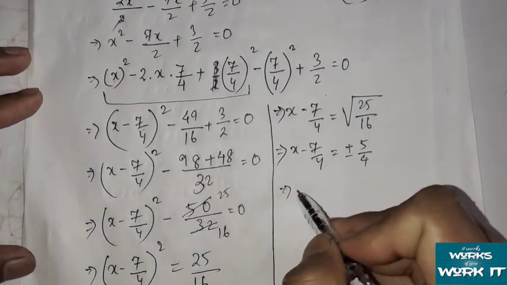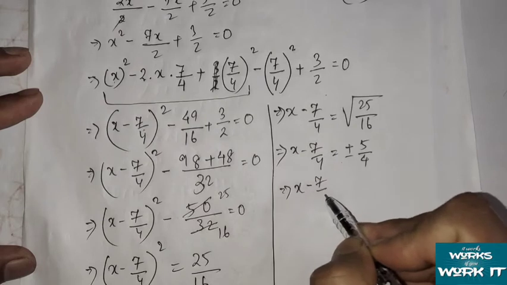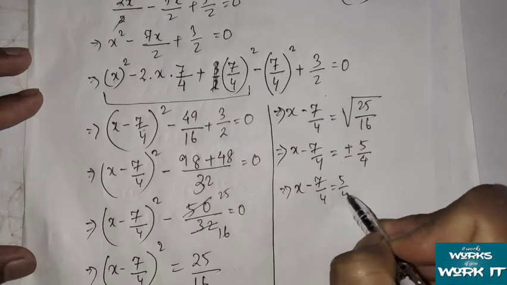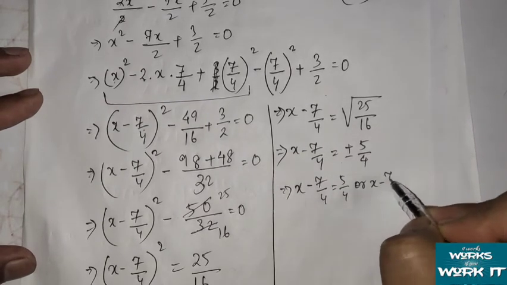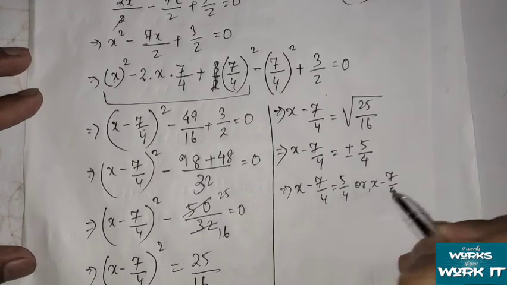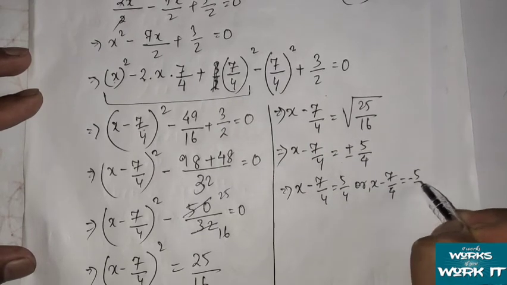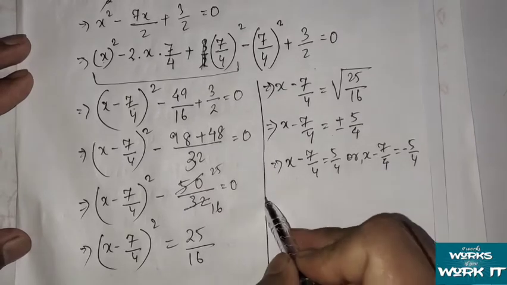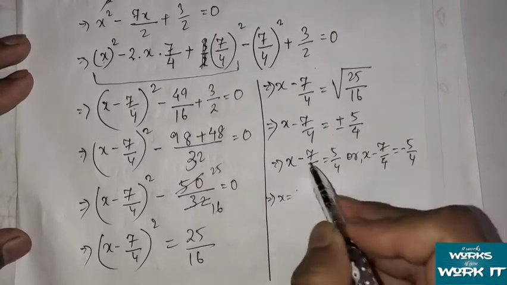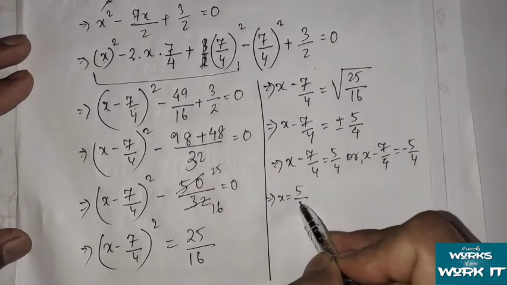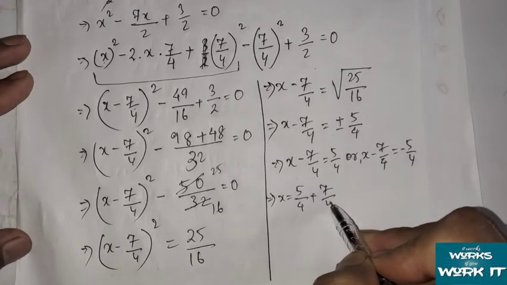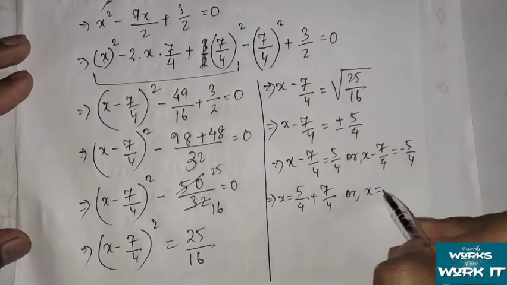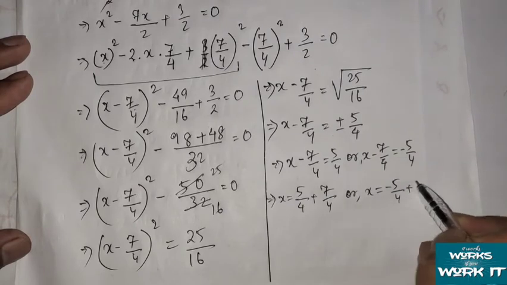So now once we will be dealing with the plus value and we will be dealing with the negative value. Okay, so x will be equal to, after sending this one to the right hand side, we are getting plus 7/4, or x equal to minus 5/4 plus 7/4.